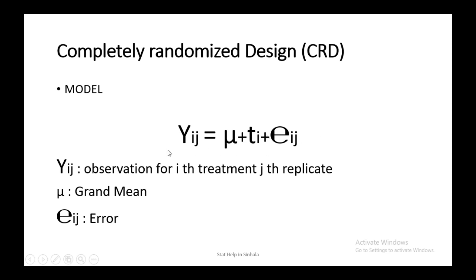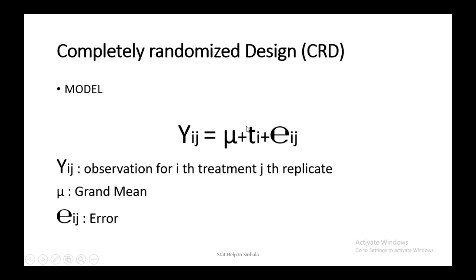Here Yij means the observation for the ith treatment and the jth replicate. I will explain this by using an example. Okay, in this model, the next part is mu. Mu is the grand mean.